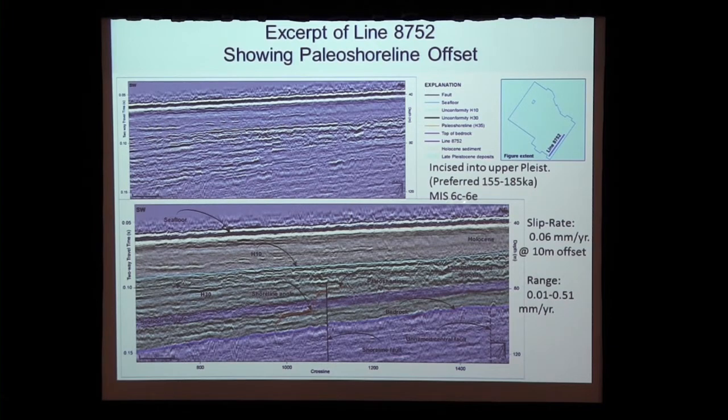That would be MIS 6C to 6E. Using that at the 10-meter offset that I showed you before, we get 0.06 millimeters per year. We have a range that goes from 0.01 to 0.51 millimeters per year if we wanted to go outside of that preferred age. So we feel pretty confident about this age. We think this is a good offset. And this is our preferred piercing point.